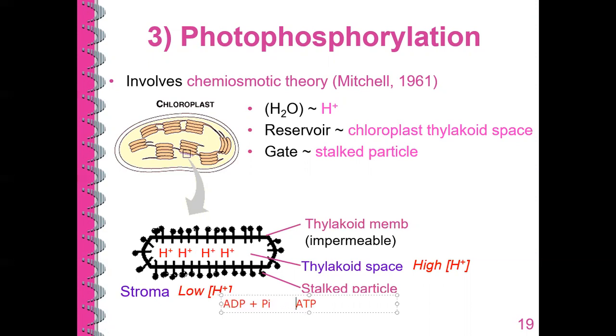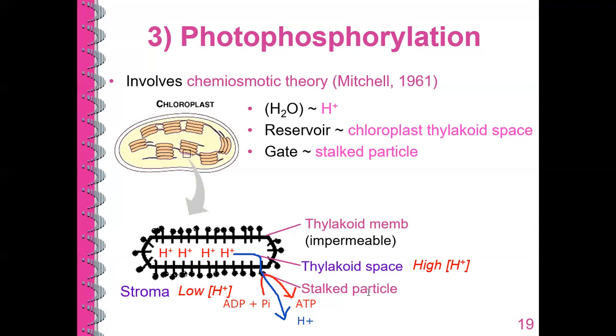The arrow will be like this. This is when my H plus passes through the stalked particle and turns the enzyme. So this is chemiosmosis. Now I have finished this story about chemiosmosis.